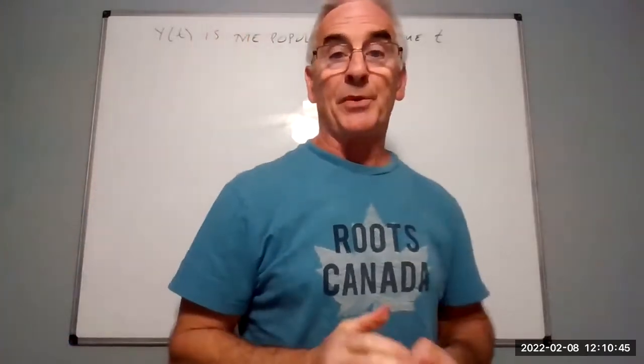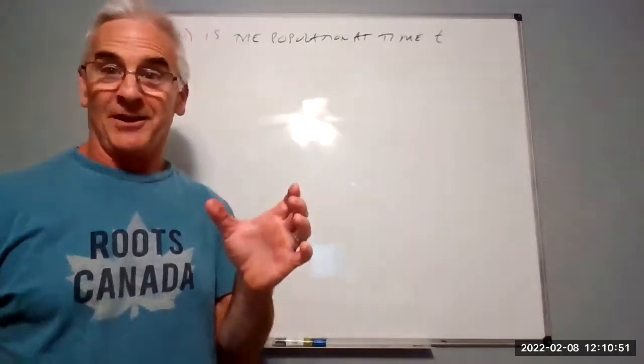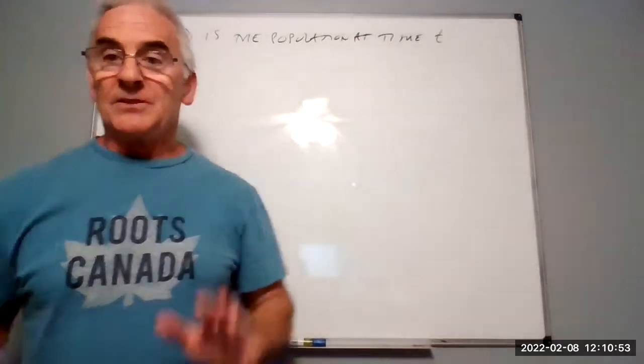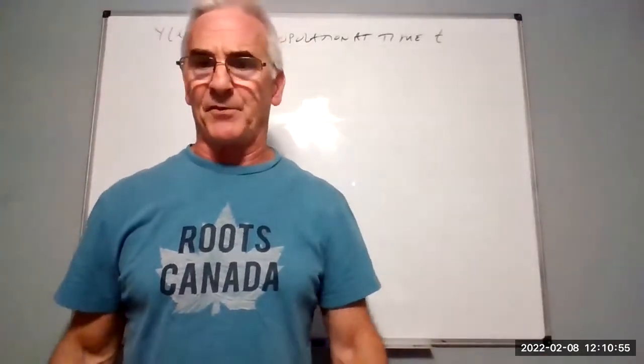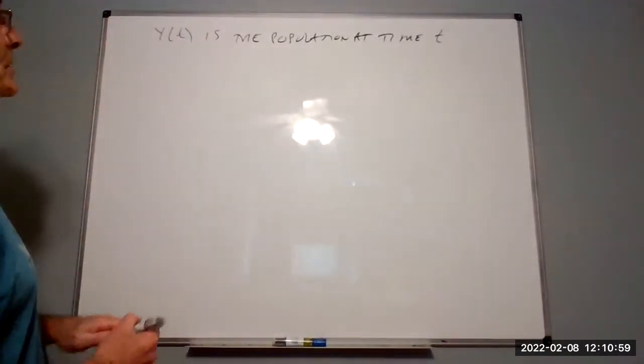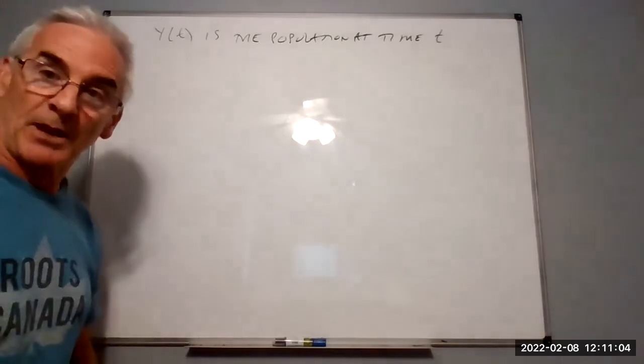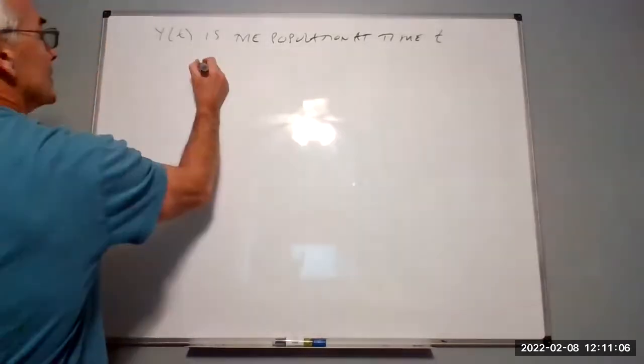Now, if it helps you think of y as people, y could be fish in the sea, y could be bacteria in the petri dish. It's whatever I'm counting. So if it helps you to think of people, that's fine. Population of people. So if y of t is the population at time t, the most common differential equation that describes population growth is as follows.